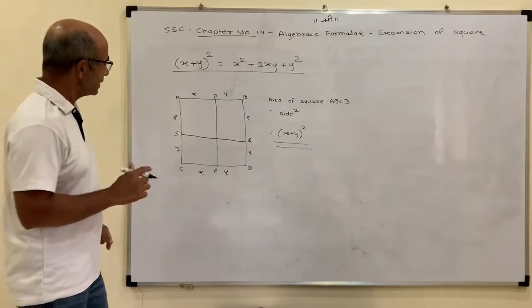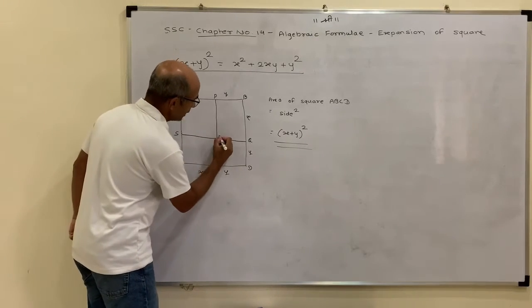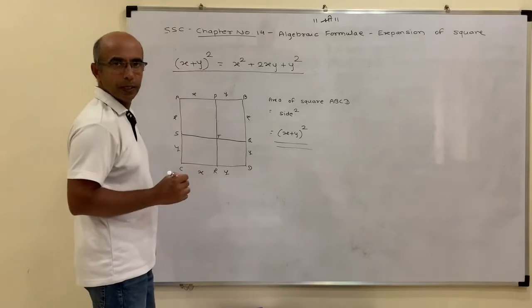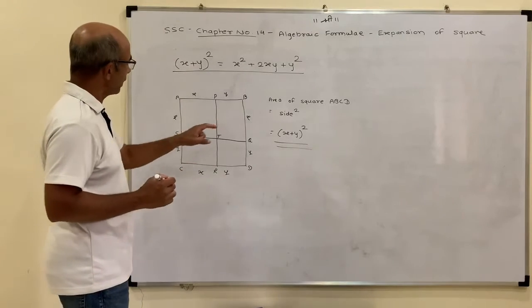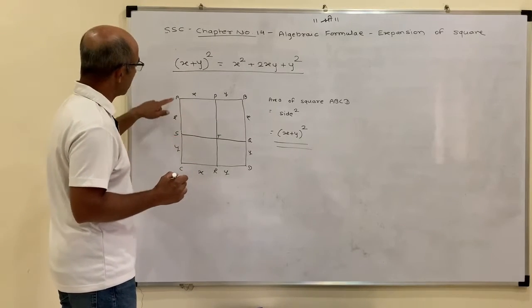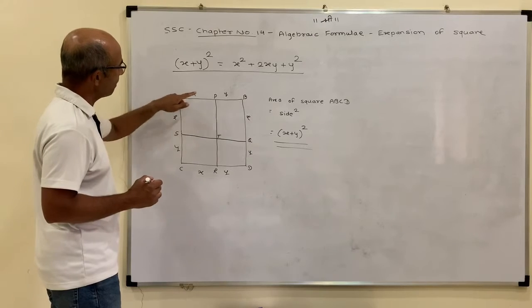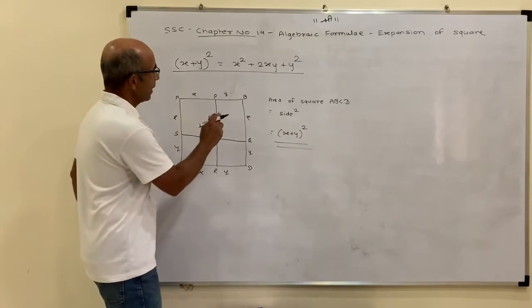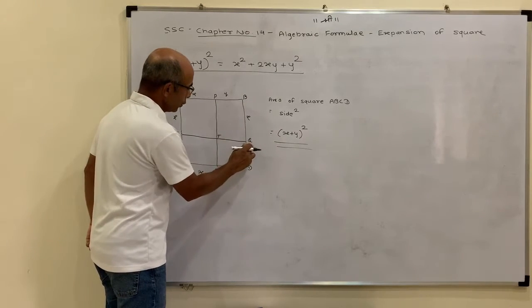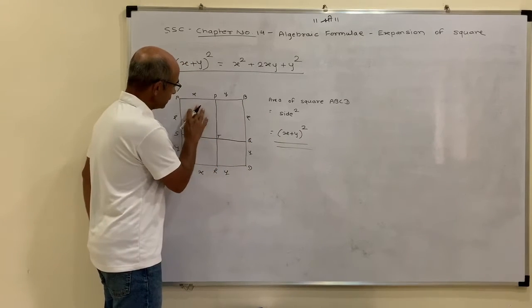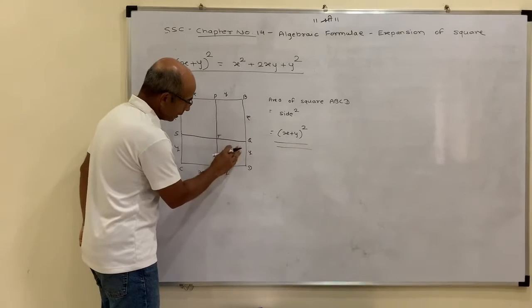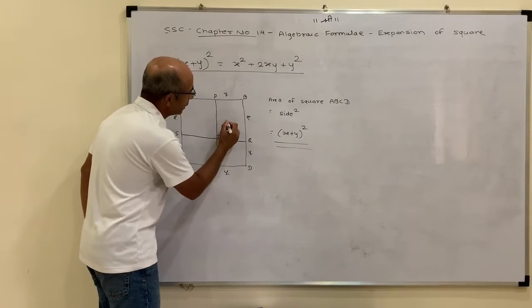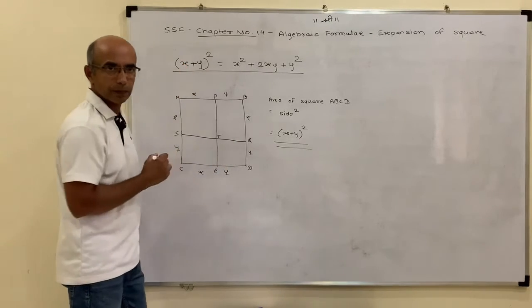But in ABCD, I put P here. The area of square ABCD is equal to what? Area of square APTS plus area of PBQT. See, this is a square, this is a square, and these ones are the rectangles.